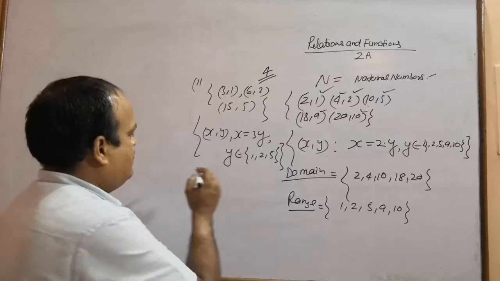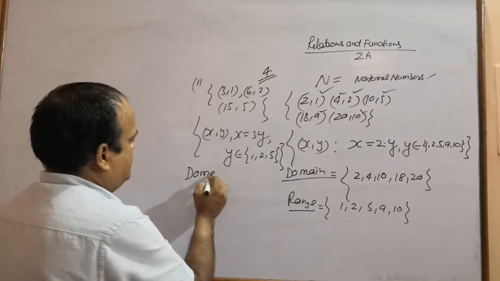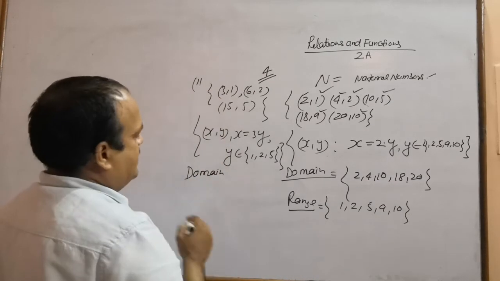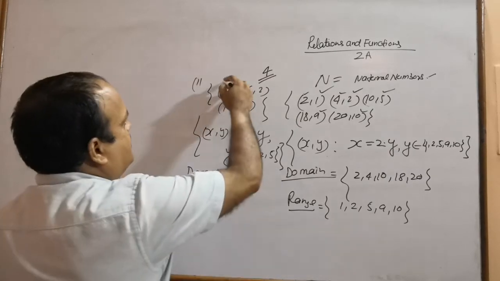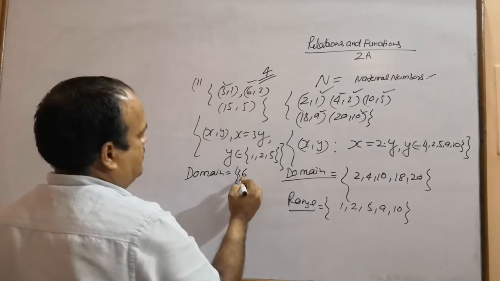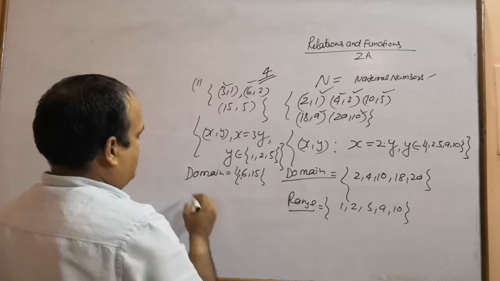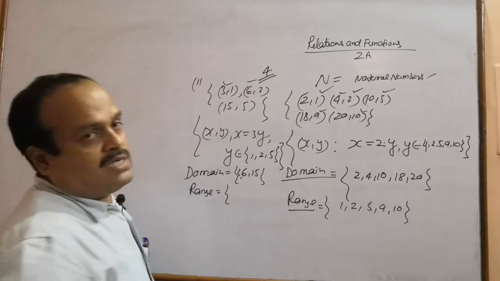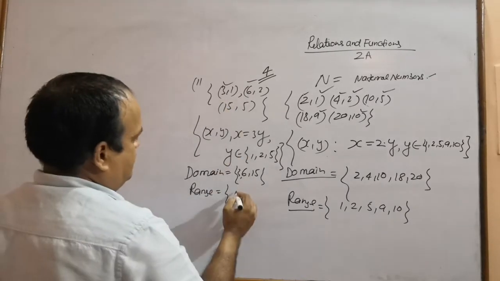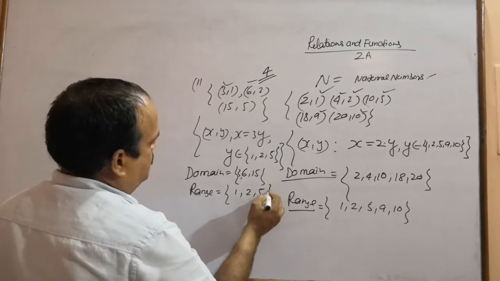Domain of this relation will be the set with elements 3, 6, 15, while range will be the set of collection of second entries, 1 to 5.